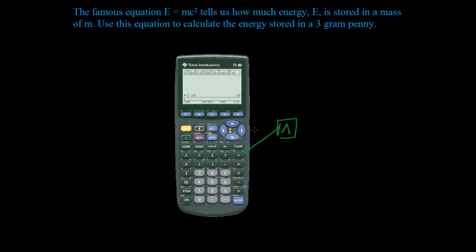Other keys to raise to a power using exponents: some calculators will use x to the y or y to the x, and some of the new calculators have x with a box. So if your calculator has one of these keys, you'll need to use that to raise it to the power.